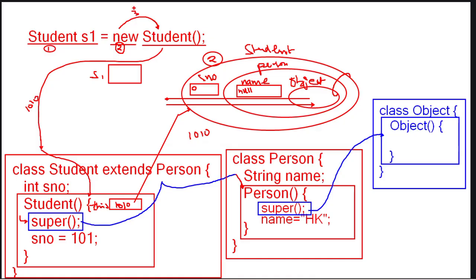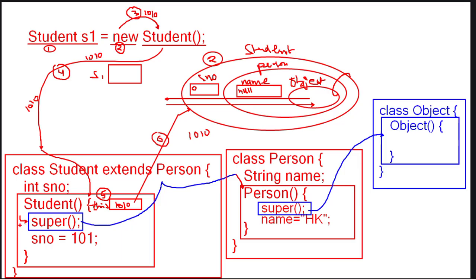Then third step, it is calling the constructor by passing the current object reference 1010. Then control goes into the student class constructor with 1010 as the current object reference argument, and it is stored inside the this keyword pointing to student class memory.